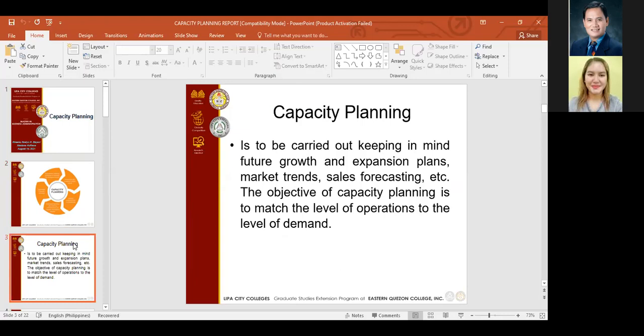Capacity planning is to be carried out keeping in mind future growth and expansion plans, market trends, sales forecasting, etc. The objective of capacity planning is to match the level of operations to the level of demand.